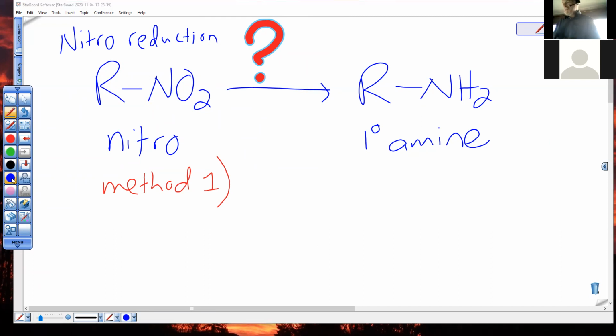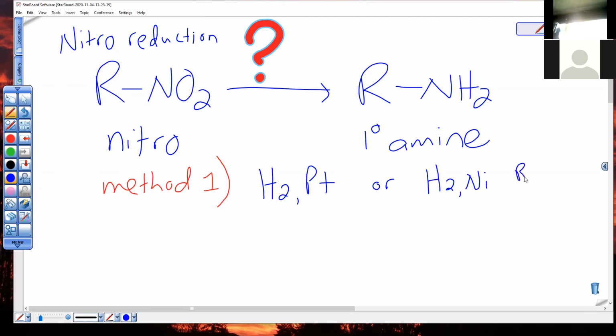So write that one down. H2, Pt. You'll generally have more success with that highly processed nickel. H2 nickel, Raney nickel it's called. It's highly refined and very porous, so it has a lot of surface area.